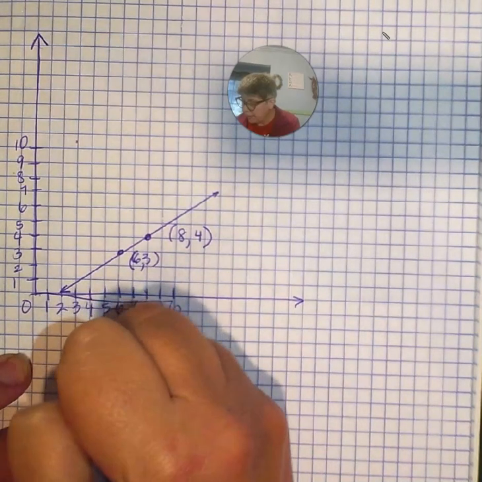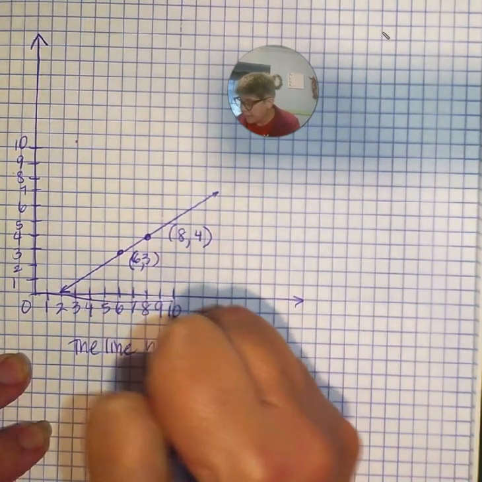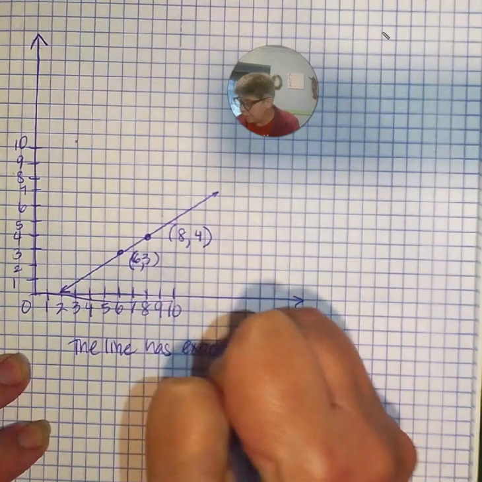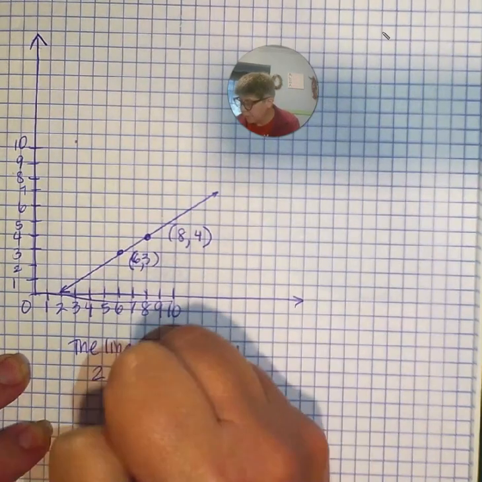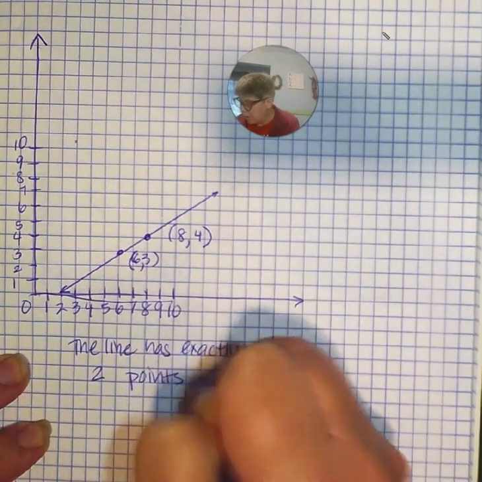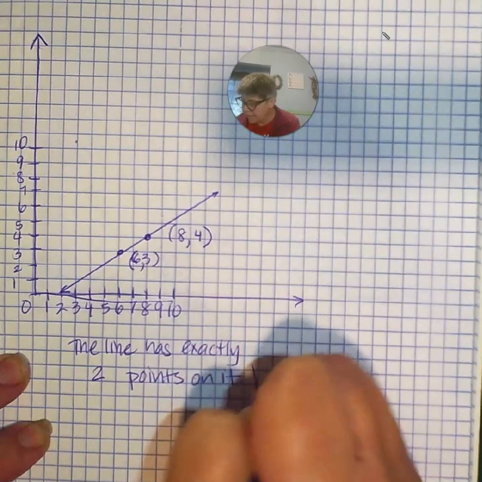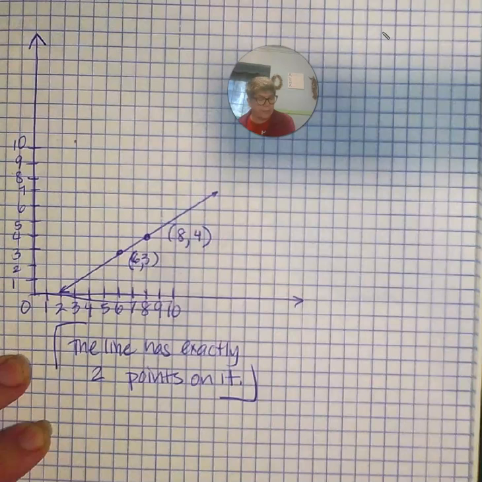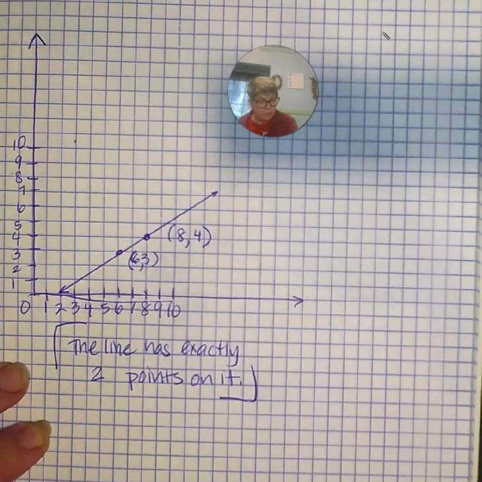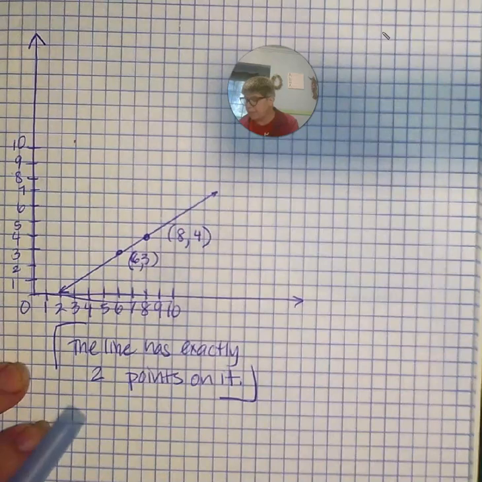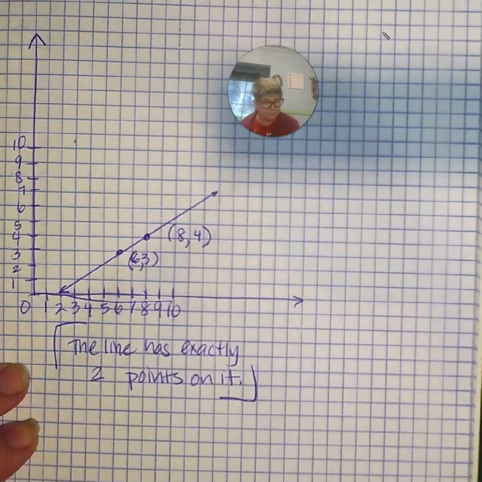The line has exactly 2 points on it. So take a stand. Do you agree? Do you strongly agree? Or do you strongly disagree? Or are you undecided about this statement? The line has exactly 2 points on it, talking about this line.